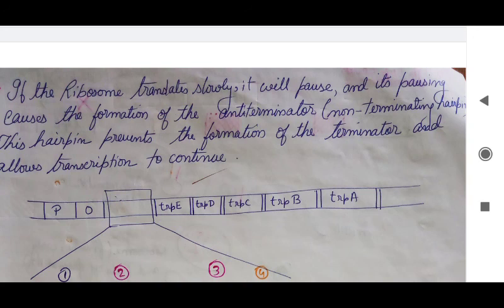This hairpin will prevent the termination of transcription, and it will also prevent the formation of the terminator loop that causes the transcription to stop.